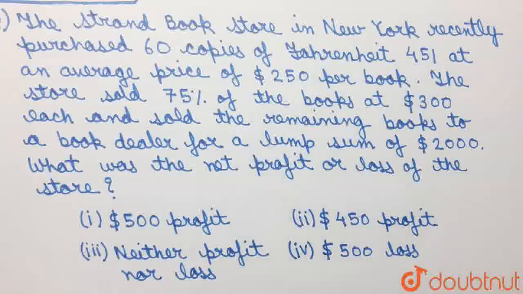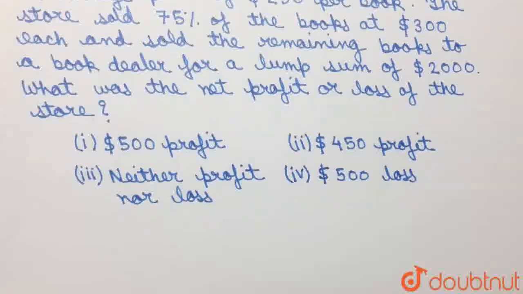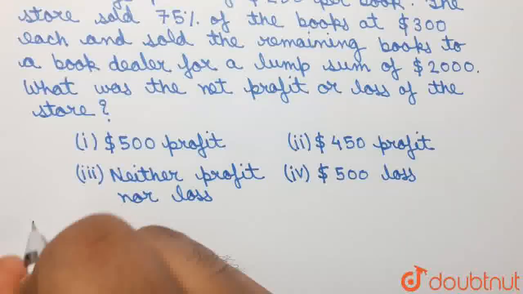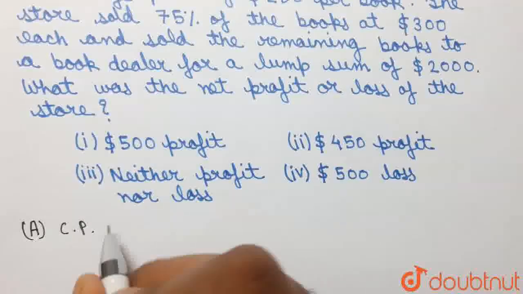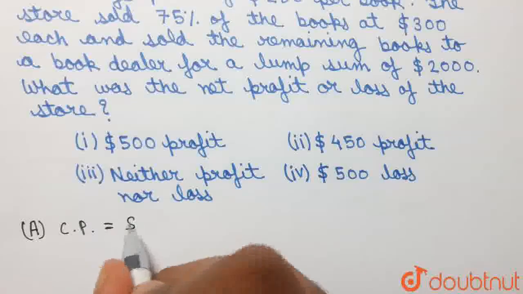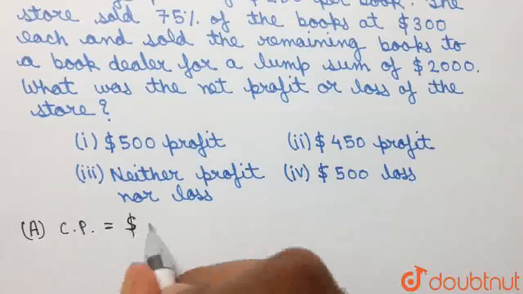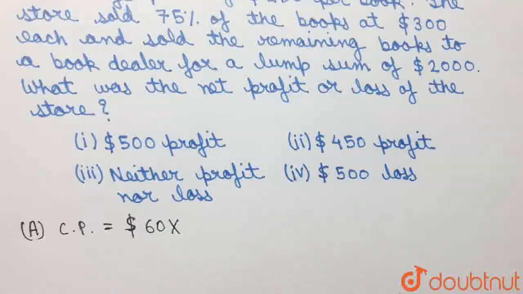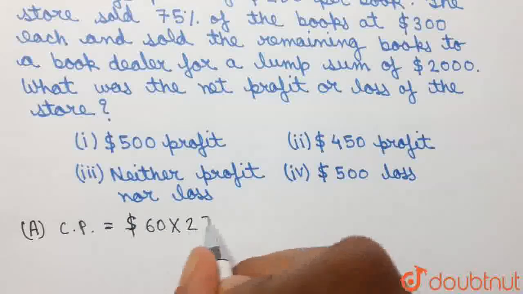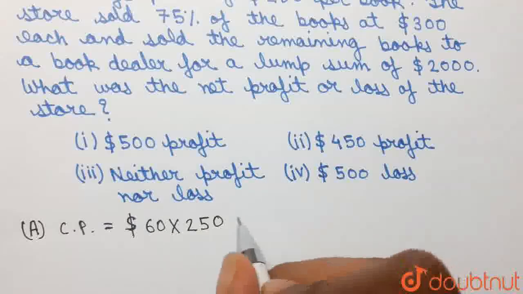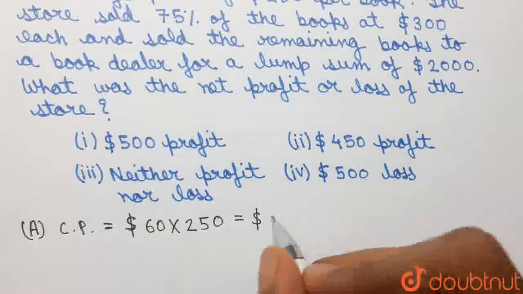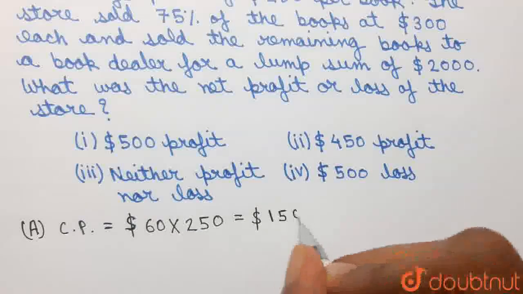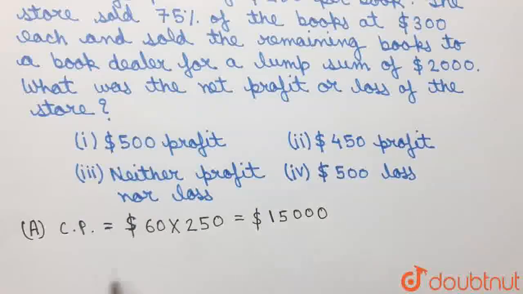We can write that for the bookstore, the cost price, which we abbreviate as CP, in dollars, will be the product of 60 and 250, and this value 60 into 250 when calculated using a calculator comes out to be 15,000. So the cost price was $15,000.